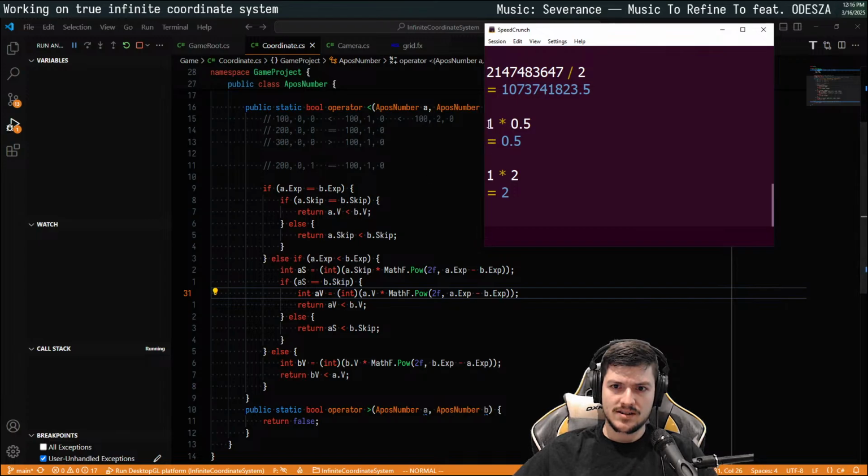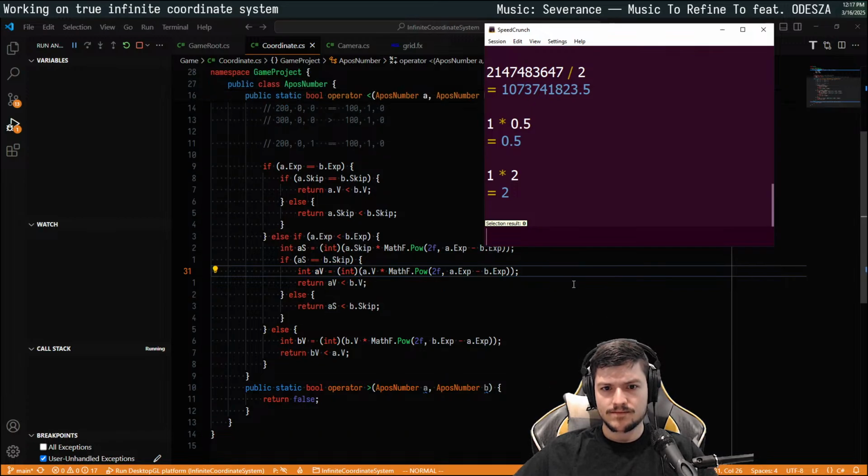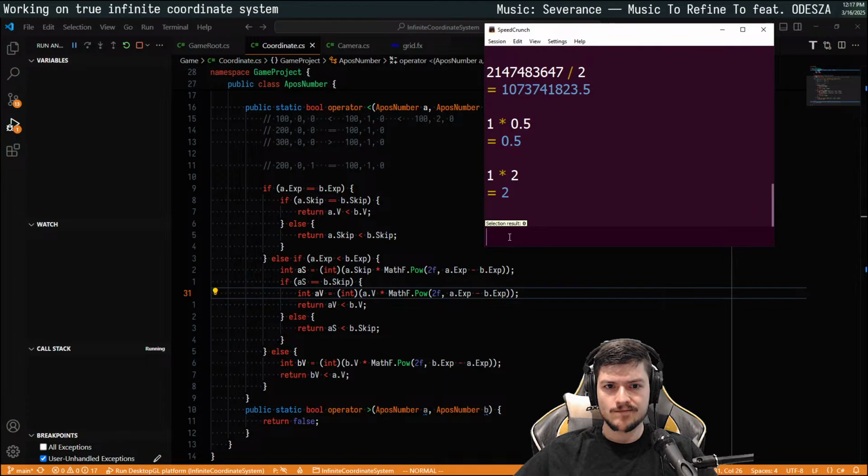Okay, 1 times 0.5 is 0.5, which is 0 because it's an int. But the 200 is no longer 200. It needs to be... So then you get AS, AS plus something.